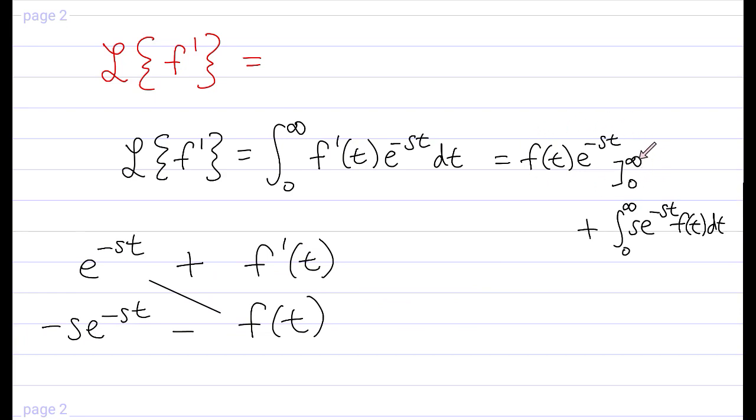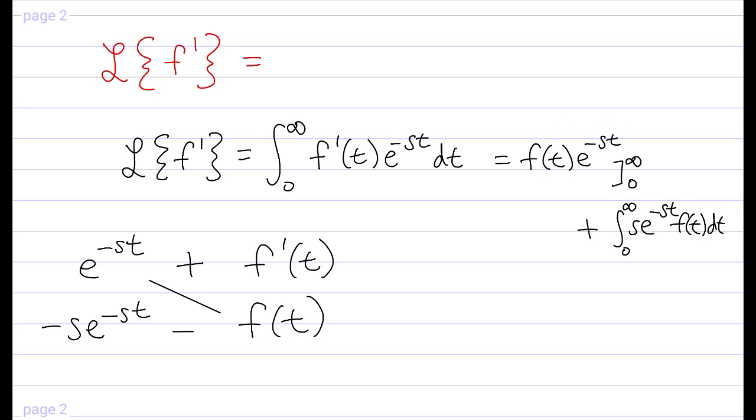If I let t approach infinity, the exponential goes to 0. And I'm going to assume that the Laplace transform of f exists. Therefore, I'm going to assume that f either goes to 0 or it doesn't go to infinity faster than e to the minus st goes to 0. So I'm going to basically assume that as t approaches infinity, that term goes to 0.